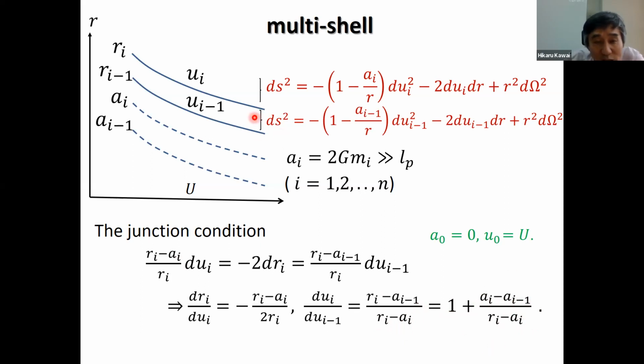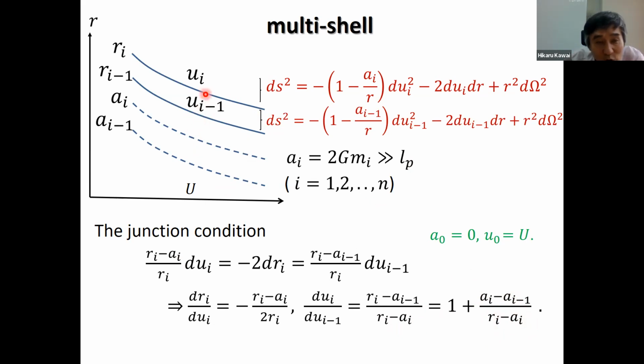The point is that eventually we are considering a continuum distribution. So Ai minus 1 is very small. And on the other hand, Ri minus Ai, as we have seen, the shell never reached the Schwarzschild radius. So this one is non-zero. Okay, so this is the point.